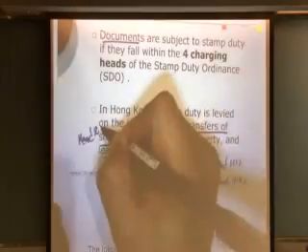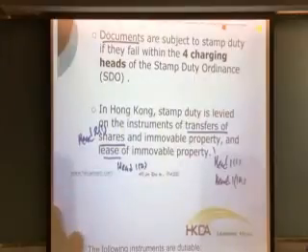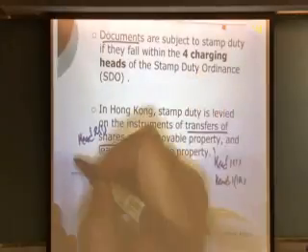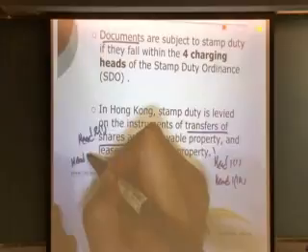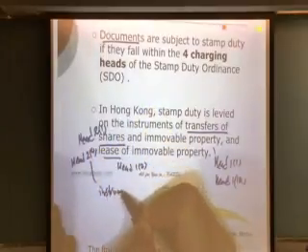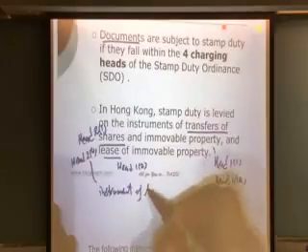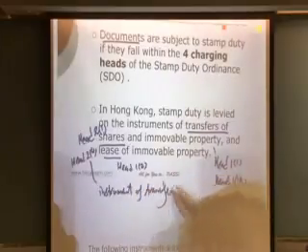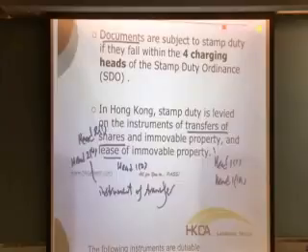One is head 2, 1 for transfer of shares. And then head 2, 4, we call instrument of transfer. So altogether, there are 5 major heads involved.